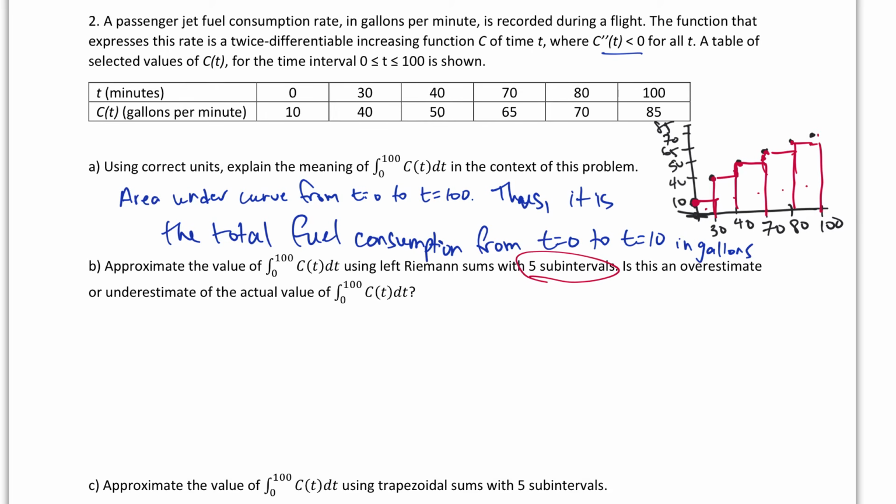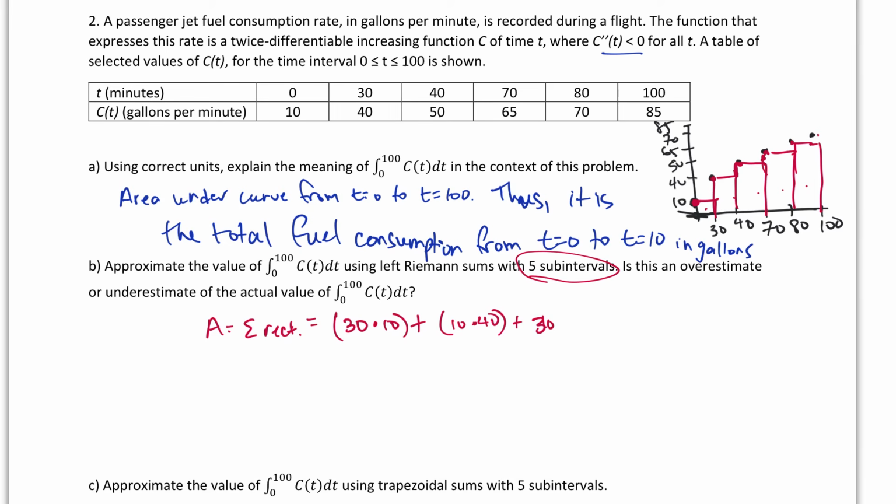So let's just add up each rectangle. So the area is the sum of the rectangles, which in our case is going to be, the first one has a width of 30 and a height of 10. The second rectangle has a width of 10, so that's delta x is 10, and a height up at 40. The third rectangle has a delta x of 30.